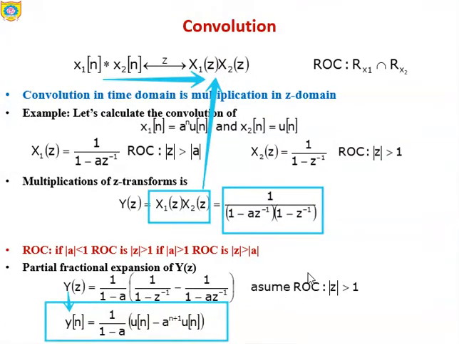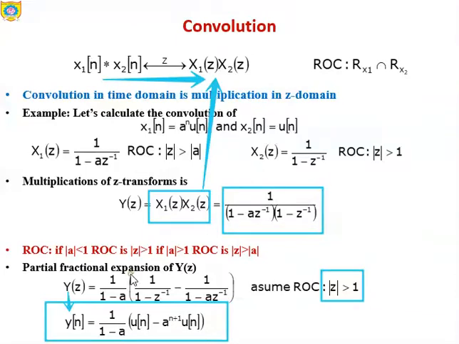Now since mod z is greater than 1, obviously the signal is concentrated towards the causal side, so it is represented in terms of u of n only. Everywhere we can observe that it is u of n. Its reflection will be provided in terms of a raised to n plus 1, based on this particular value, that is the delayed sequence. Since it is a delayed sequence, next is nothing but u of n.